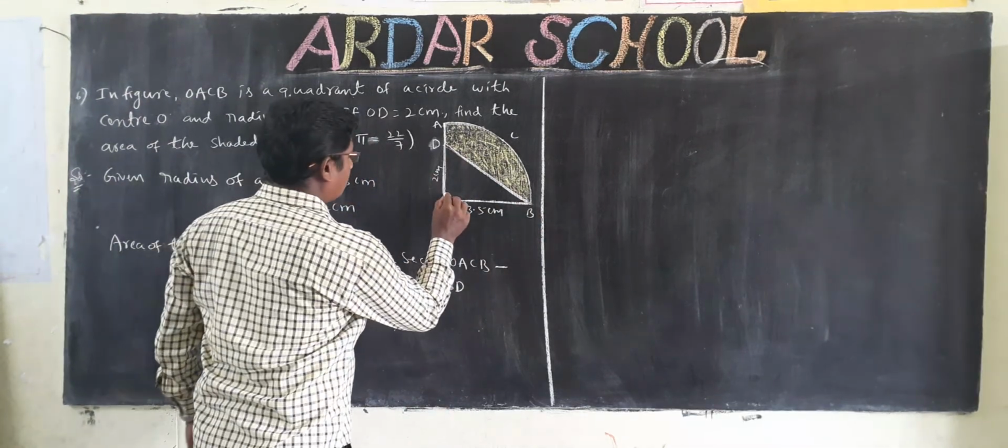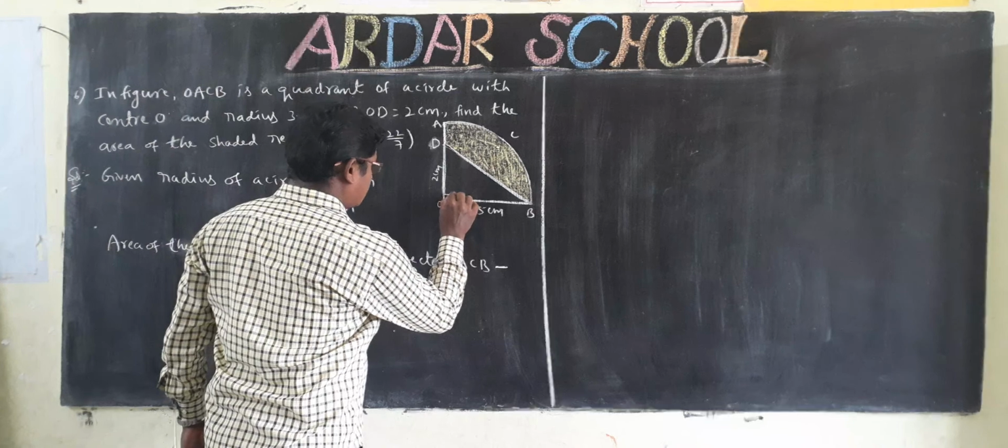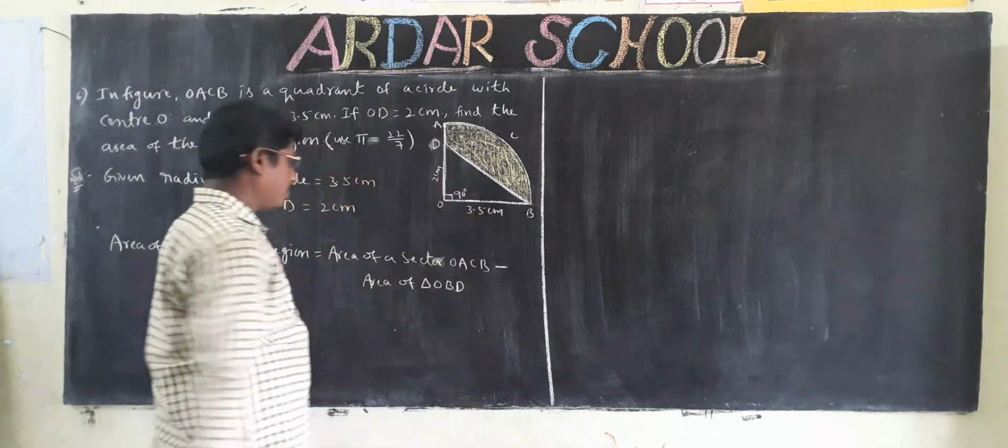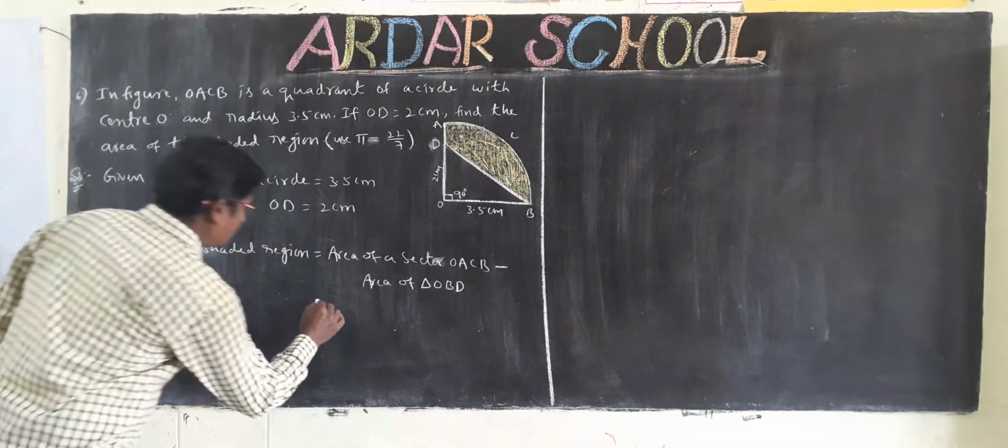Here the angle of the quadrant is 90 degrees. Now you have to find the area of the sector.